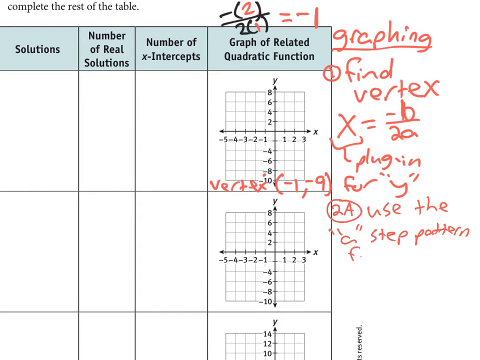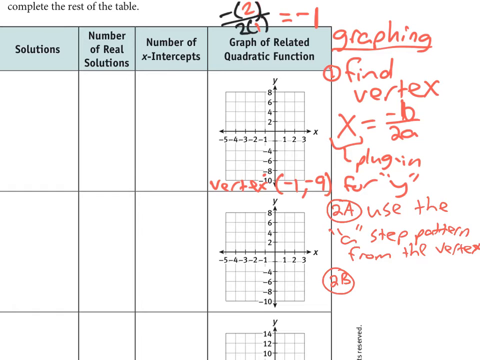From where? From the vertex. That's why we have to find the vertex first in order to find where to start that step pattern. Now, if you forget how to find that A pattern, well, you could always build a table.